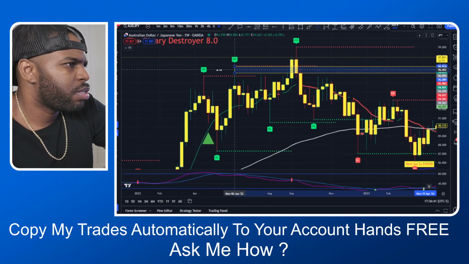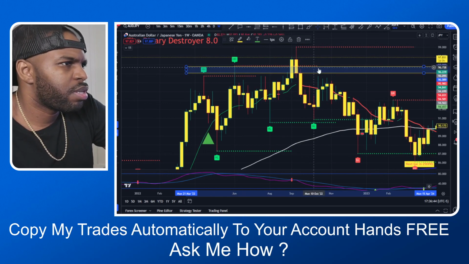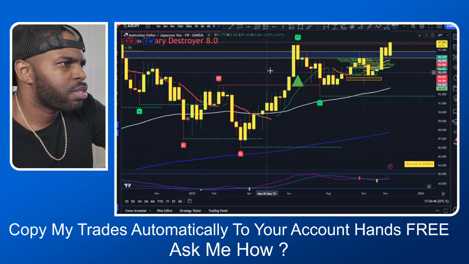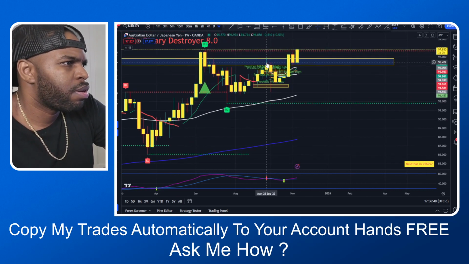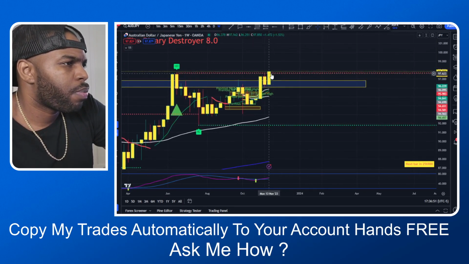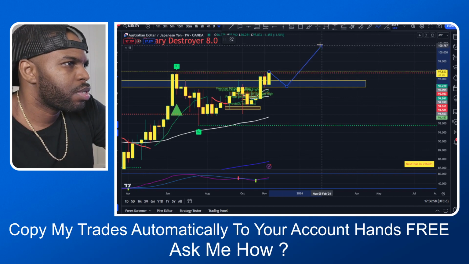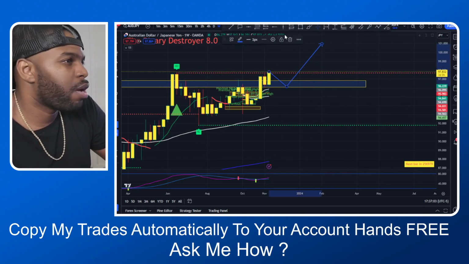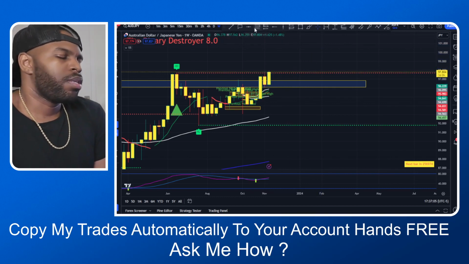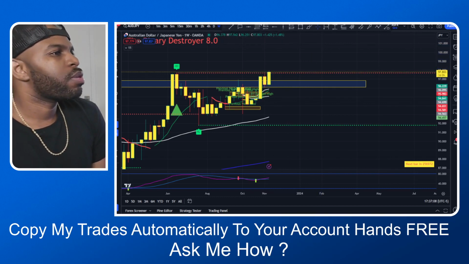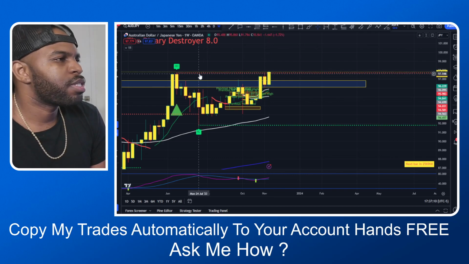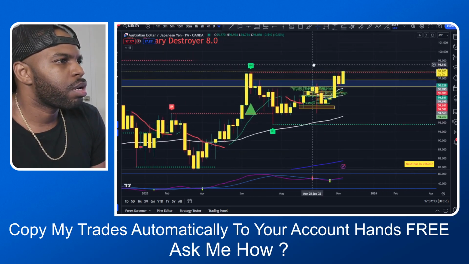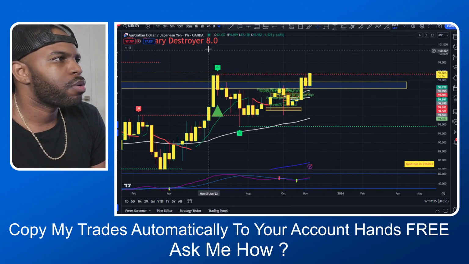As you can see, there's resistance here, resistance, resistance, resistance. So what price could do is come all the way back down and then up. Could see a rejection right there. That's a possibility. I always gotta say possibility because y'all think that's 100%. Nah, I'm not 100%. Okay, so we'll pay attention to that.